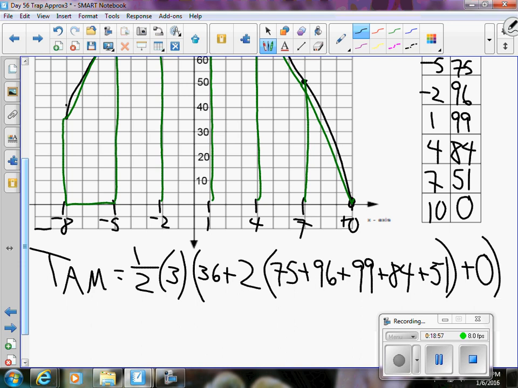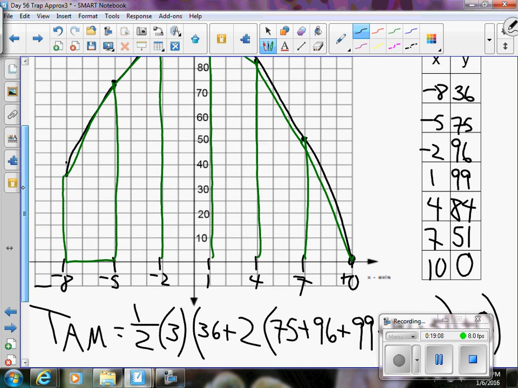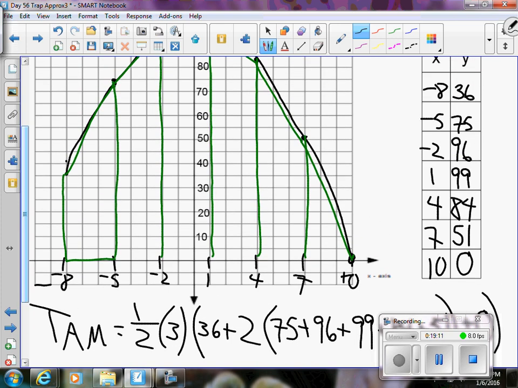And there we go. You confused? Okay. 1/2. This is the height, the 3 we got right. The first base is this length here, which is the y coordinate of the -8, which is 36. Now we have to double all the internal bases. So 2 times this length, which is 75. You see it? Oh, yeah.